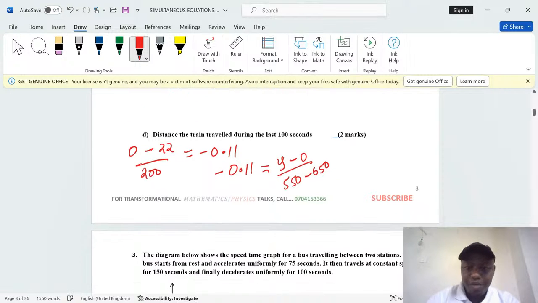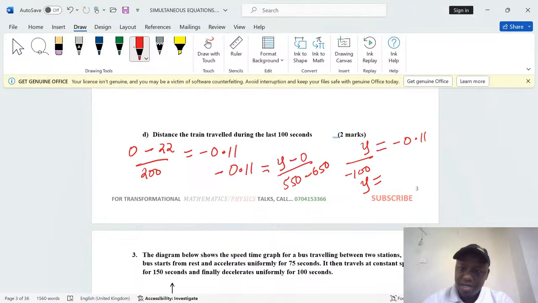So we have y being equal to negative 0.11, and y is being divided by negative 100. Therefore, for us to remain with y, we have to multiply through by 100, and that will give us exactly 11.